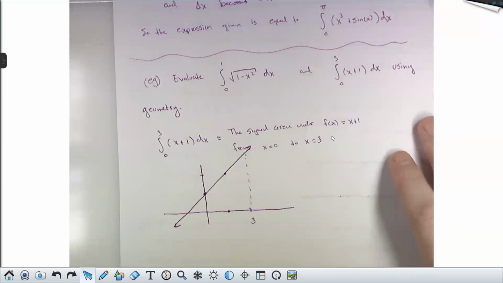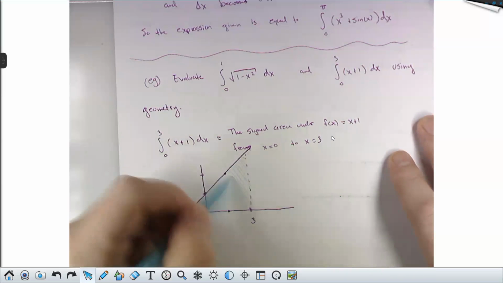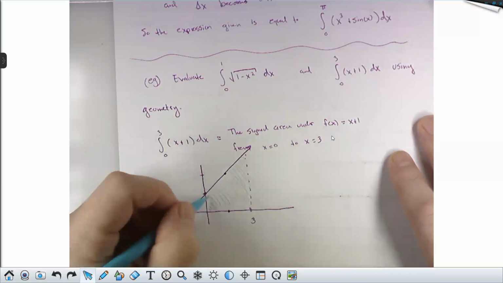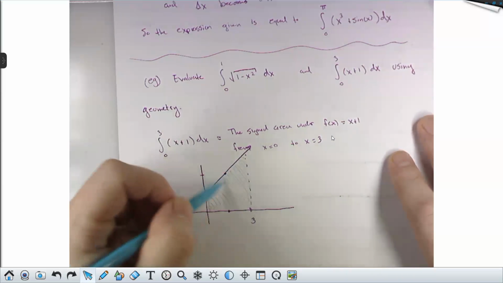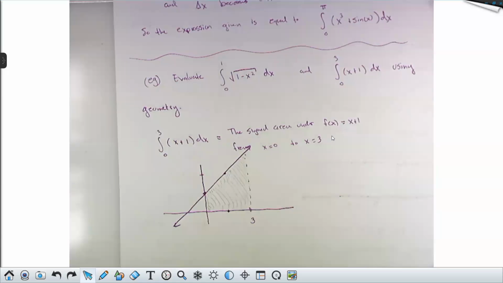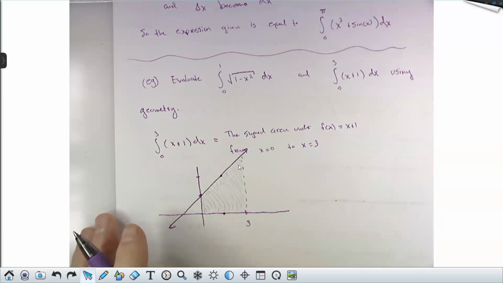All right, so the area I'm trying to find, what that integral does is it measures this area. And I can find this area. This is not terribly hard to do.